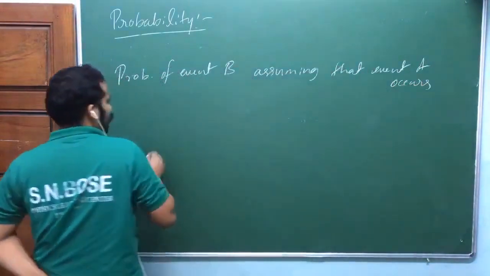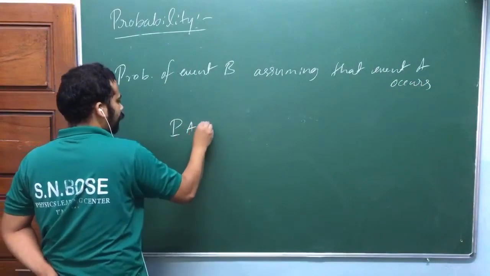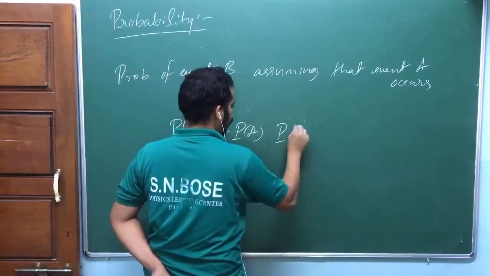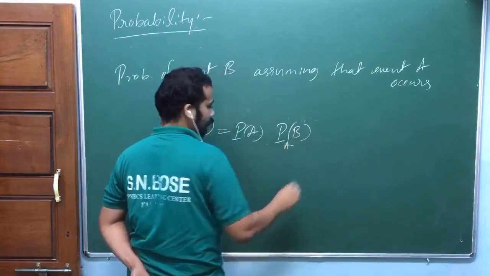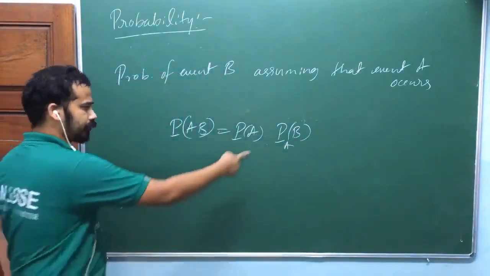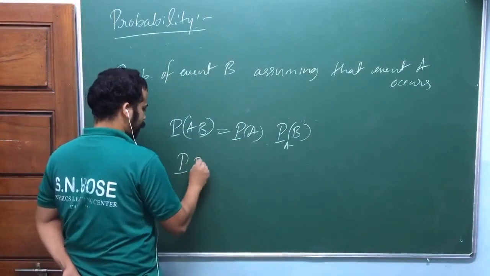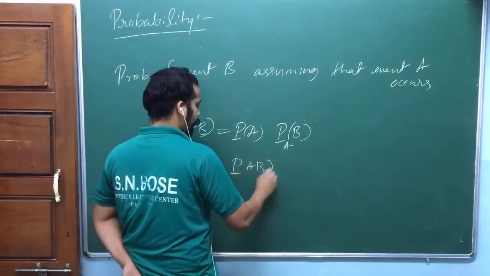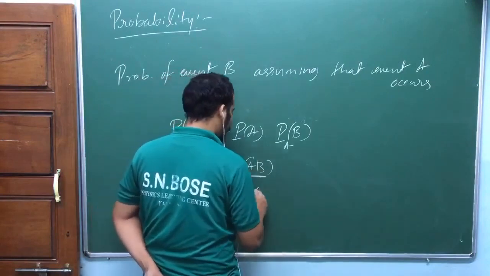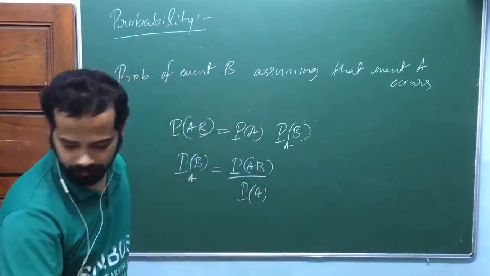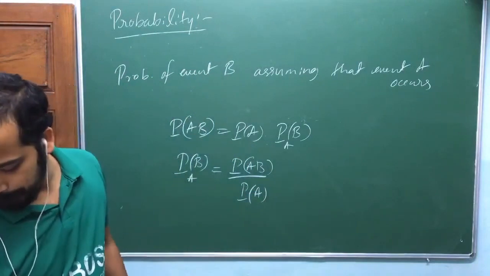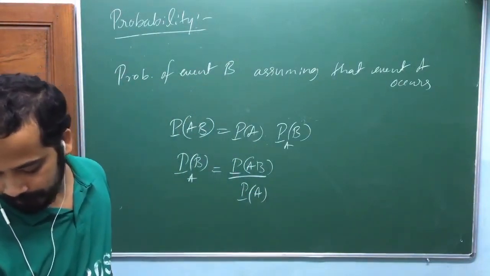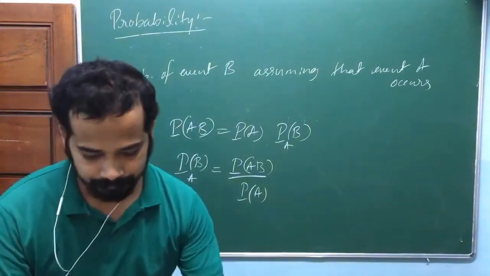Okay? So this one we are going to find like this. PAB is equal to, as I have written in the earlier statement, PA into PB given that event A occurred. Am I right? From this one, we just solve for this one: PAB divided by PA. We shall see if any example comes up. They call it Bayes theorem.